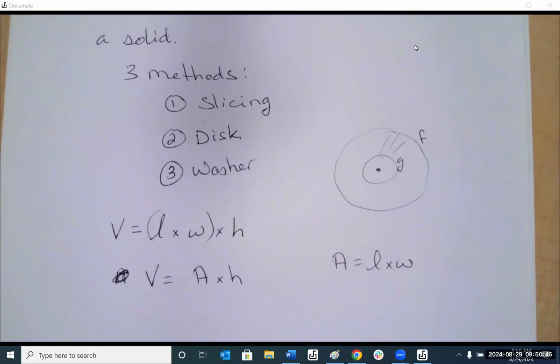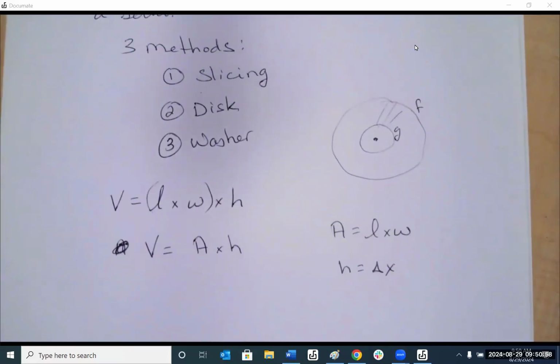And what's height going to represent? Well, it's also going to depend on how thick the thing is. So the height is going to be our delta x. So we'll be looking at that general format.